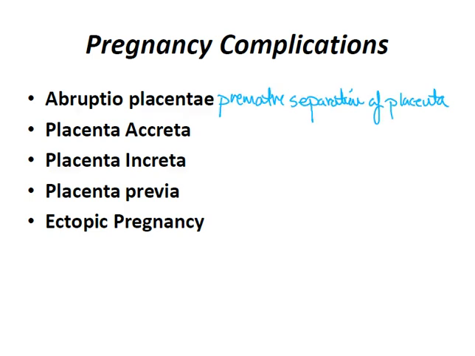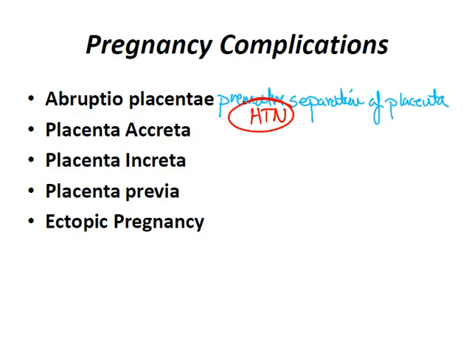So what is the number one risk factor for abruptio placenta? Hypertension. Hypertension, but also smoking, cocaine use, previous abruption, or an older mother. All of those happen.